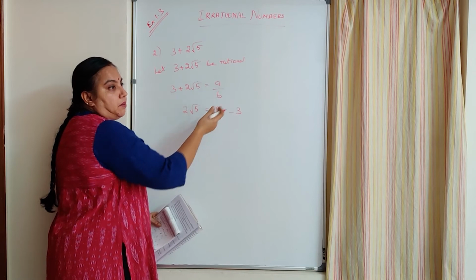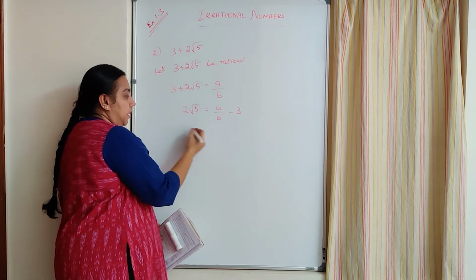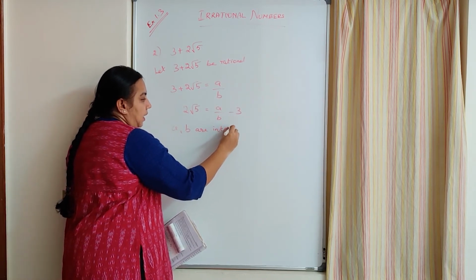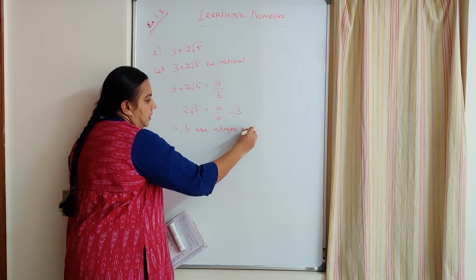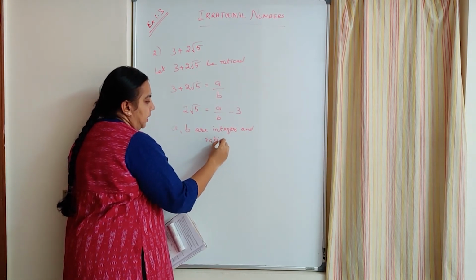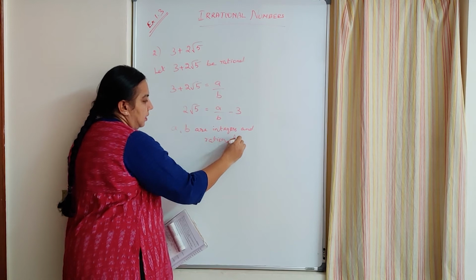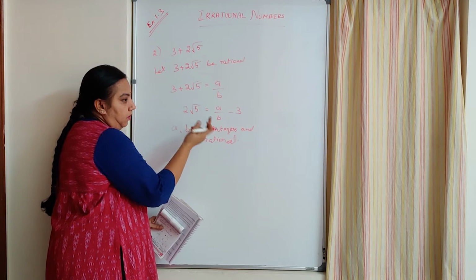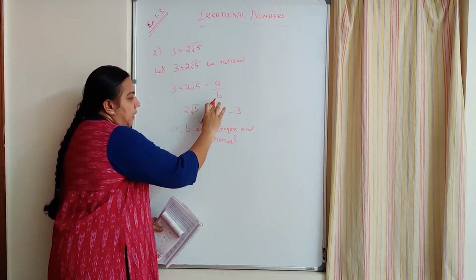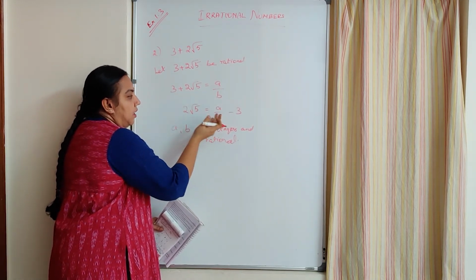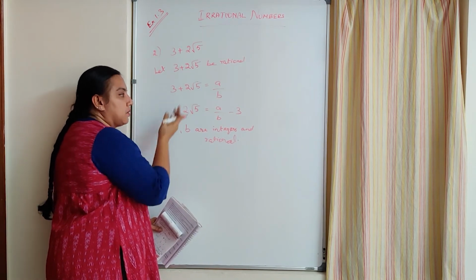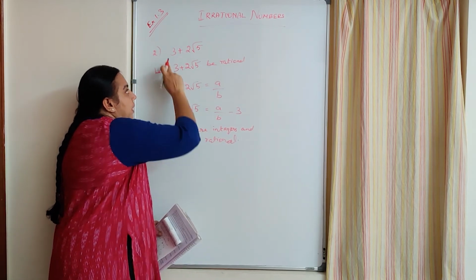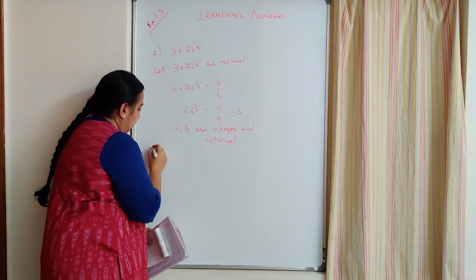The best example of a rational number is a by b, and so we know a, b are integers and are rational, and because of that we can say that this square root of 5, we know already it is an irrational number, but this a by b is a rational number. You cannot give an answer for an irrational number. So again, as per contradiction theory, we can say that this whole expression is irrational.